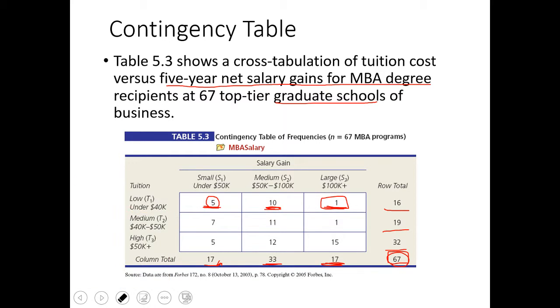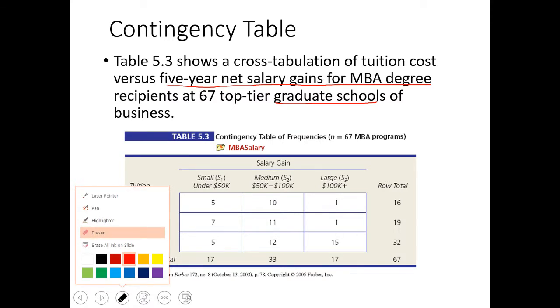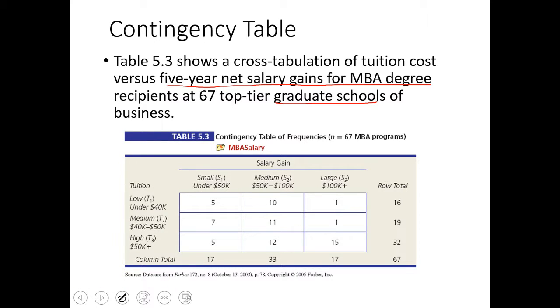In the other case, medium tuition business school graduates with small salary, medium salary, and large salary are 7, 11, and 1.